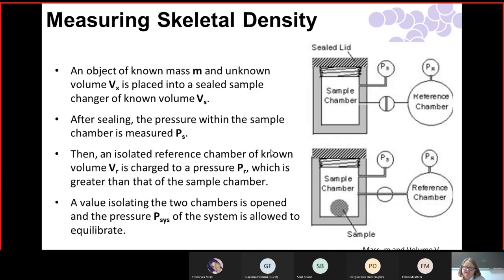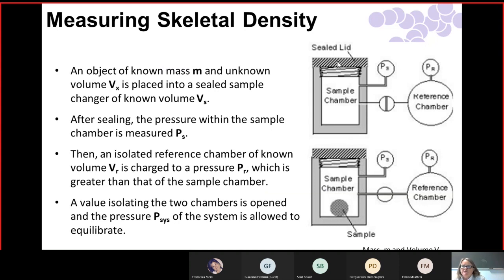The idea is my sample chamber here has a sealed lid, and you measure the pressure in the sample chamber. You put in an object of known mass. Here's your sample, but we don't know the volume. We place it in the sample chamber, and we know the volume of the sample chamber.